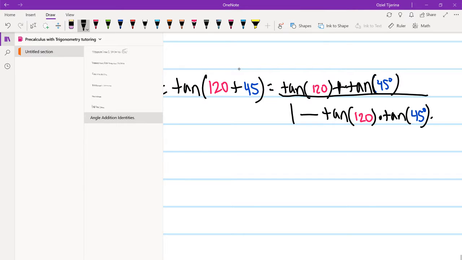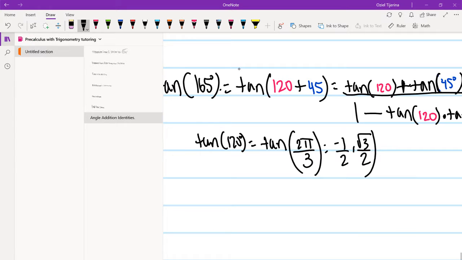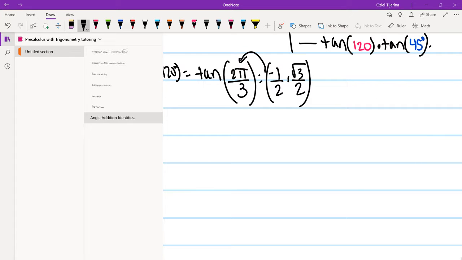If we do the tangent of 120, it's basically like saying the tangent of 2 pi over 3, and that's in the second quadrant, so it's negative 1/2, square root of 3 over 2 for this part. So that corresponds to that.